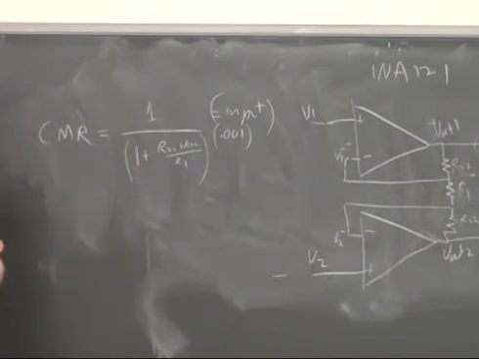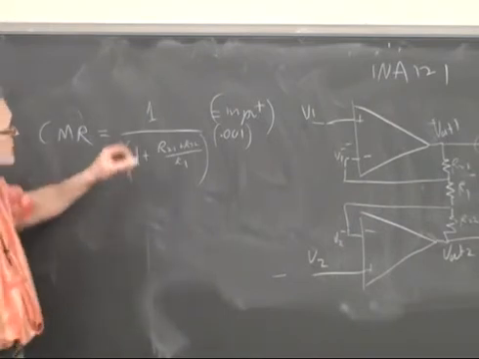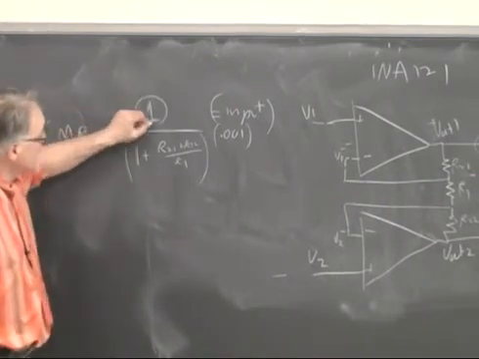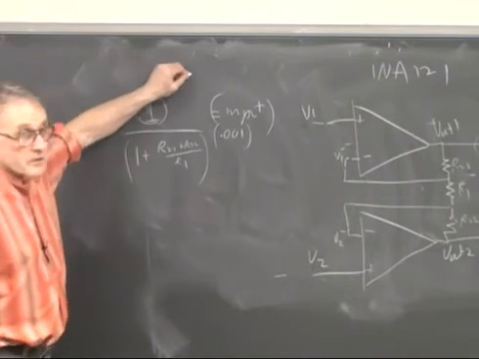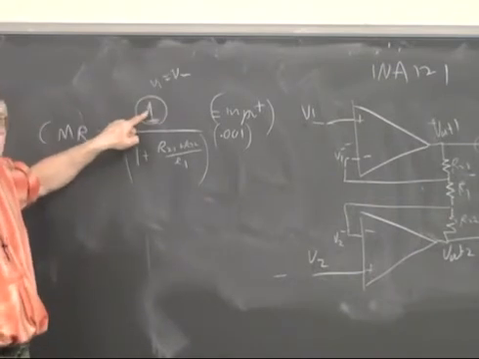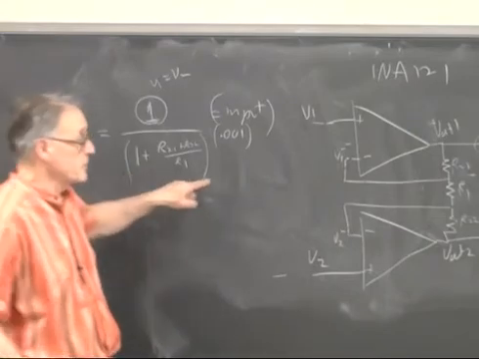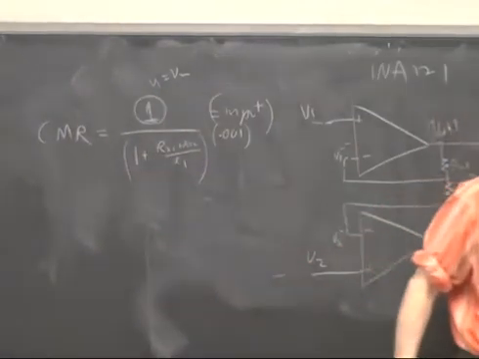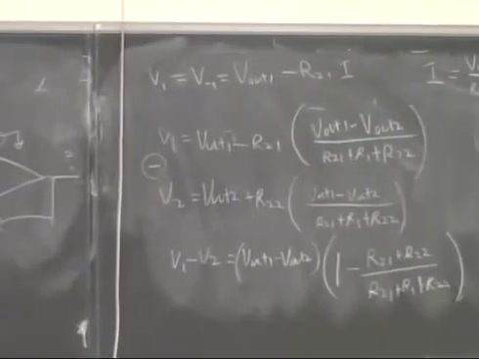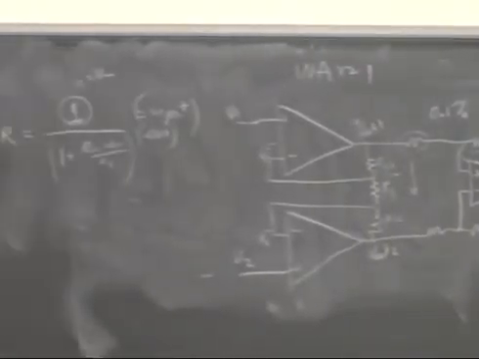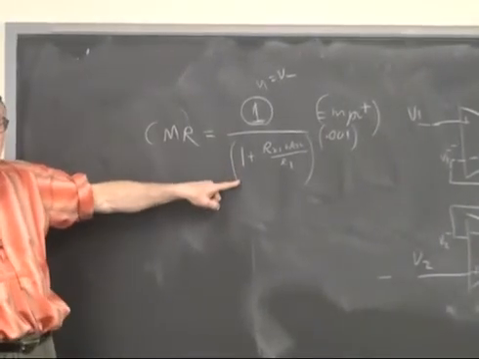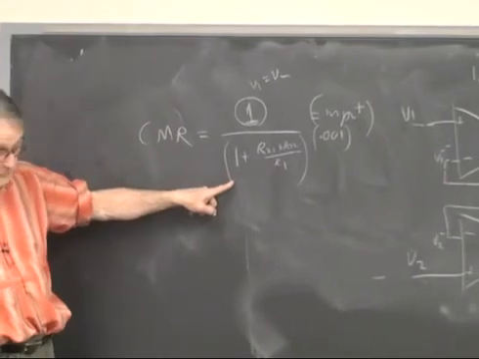So that's only valid if V1 equals V2? This is the case of V1 equals V2, so that's the common mode gain. This is the differential mode gain if the two voltages are different, which we just showed over here. The common mode rejection ratio is the common mode gain divided by the differential mode gain.